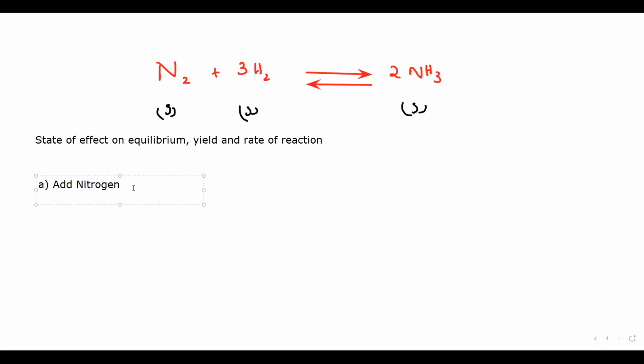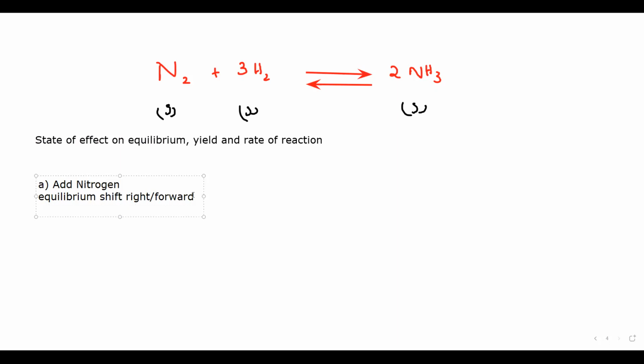If we add a reactant, the equilibrium will shift towards the right hand side. Yes, that's right: adding nitrogen, the equilibrium will shift towards the right hand side, or it will shift forward.